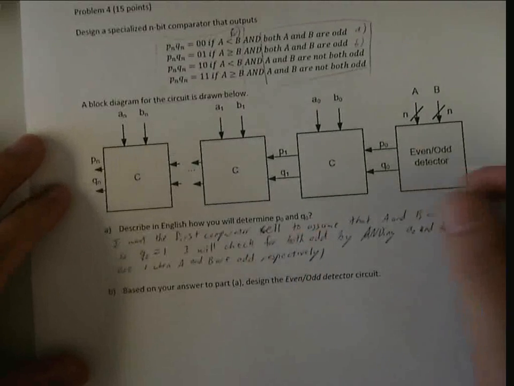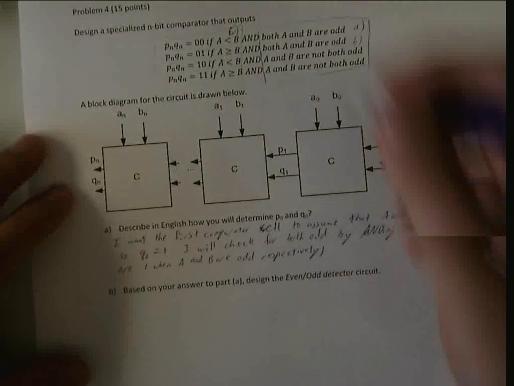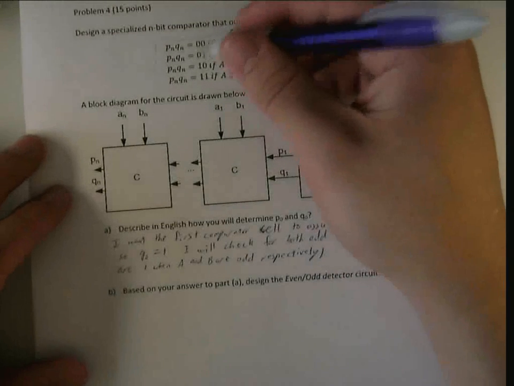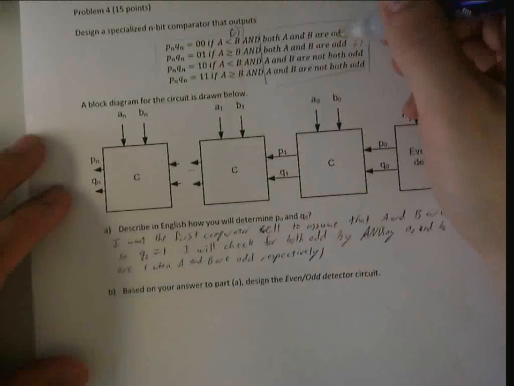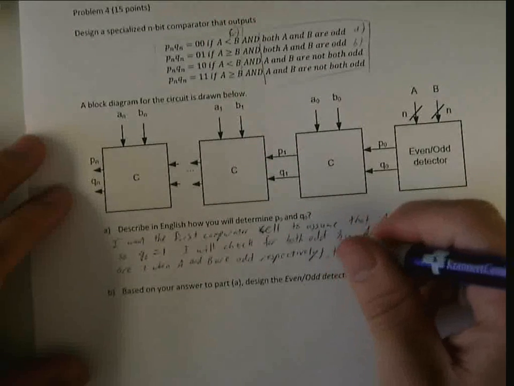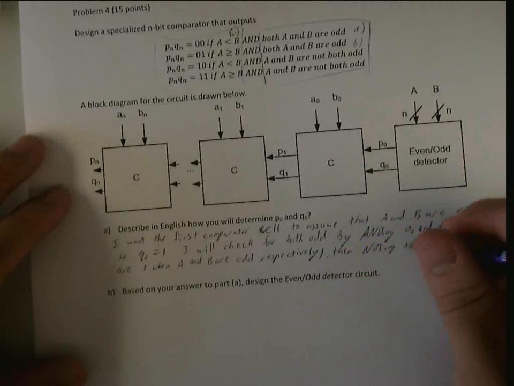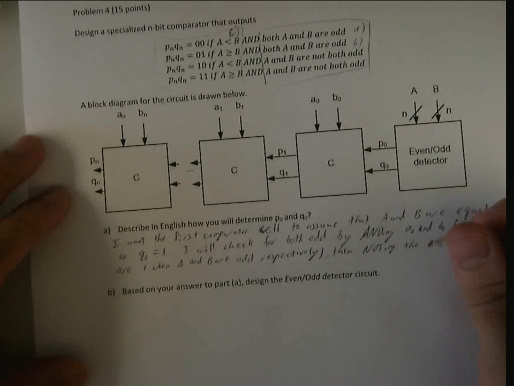Okay, good. And so then basically it's P0. P is 0 when they're both odd, and so then NANDing, the complement of the AND, gives P0.